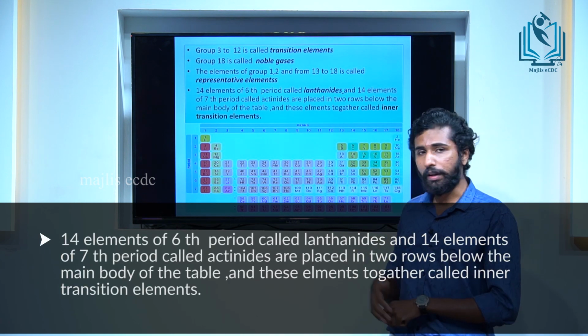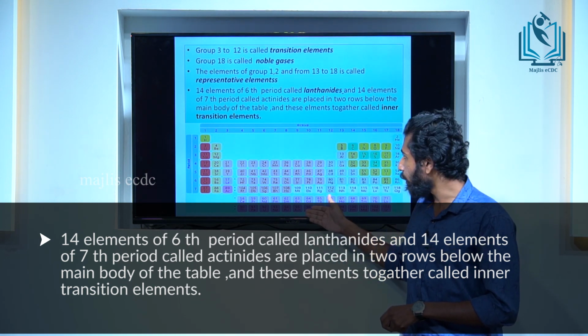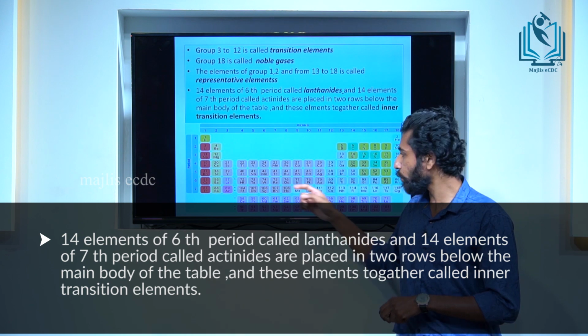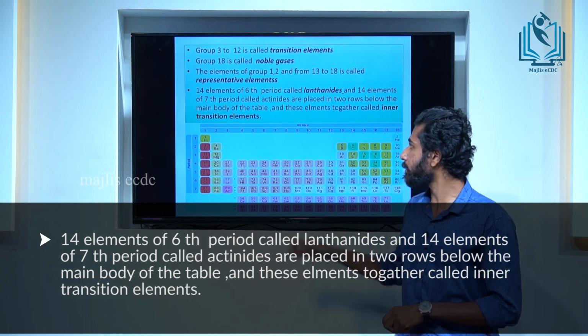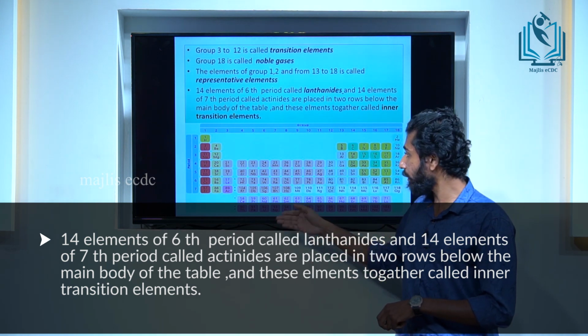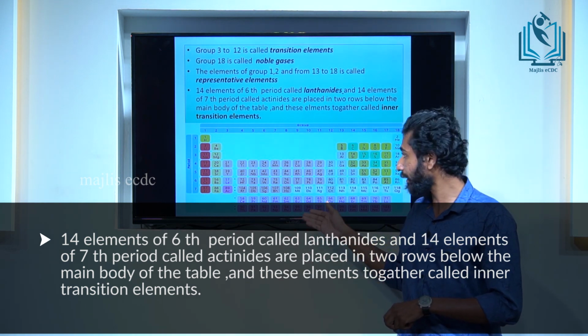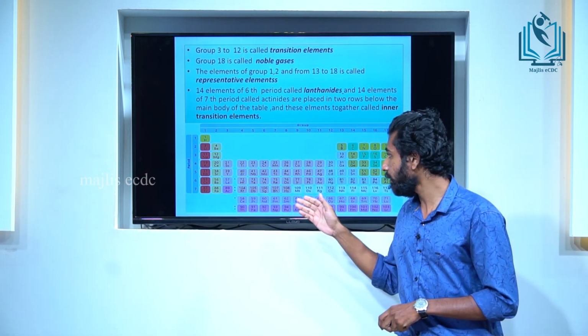In the periodic table, you can see 2 separate rows at the bottom. The first row is called lanthanides, present in the 6th period after lanthanum, and the second row is called actinides, present in the 7th period after actinium.